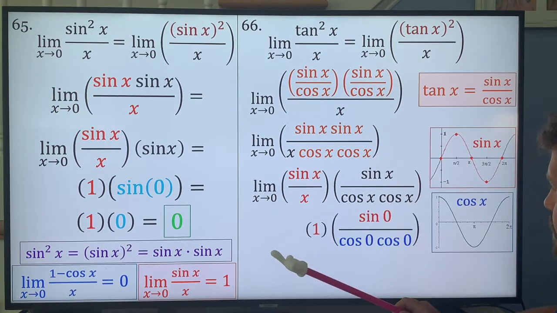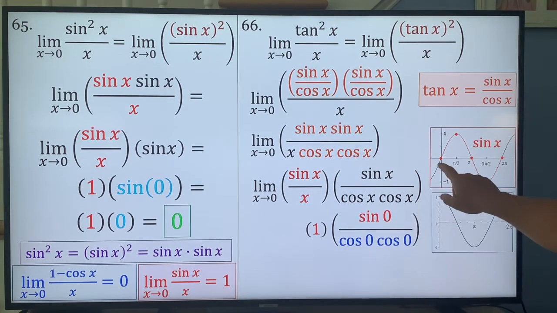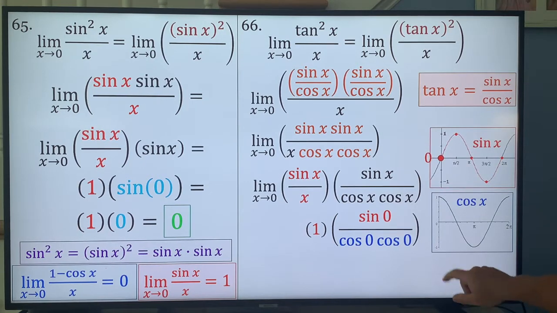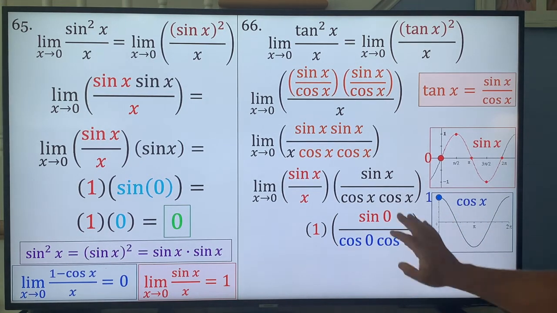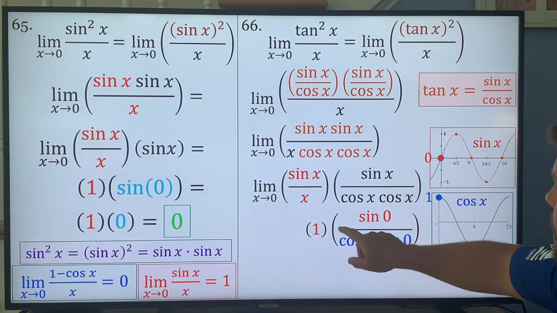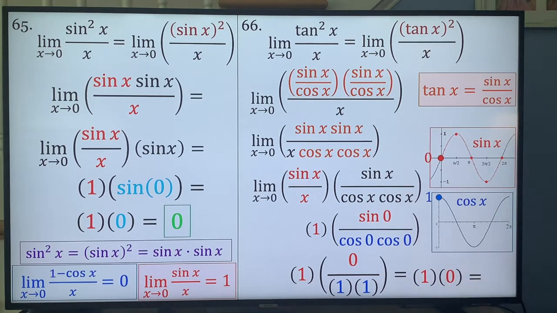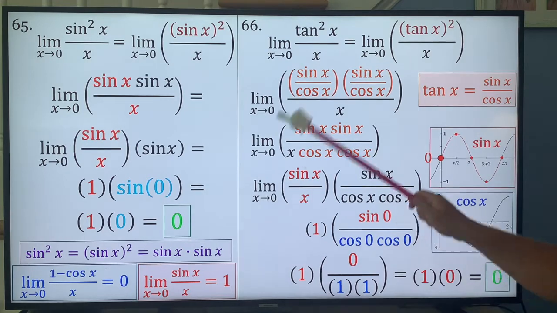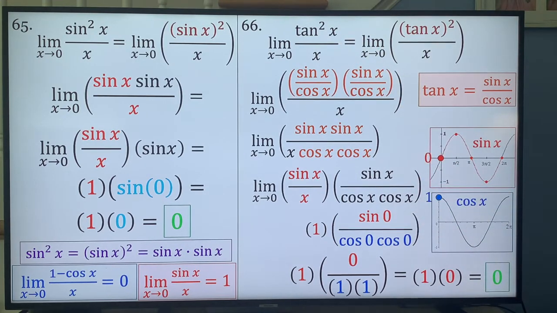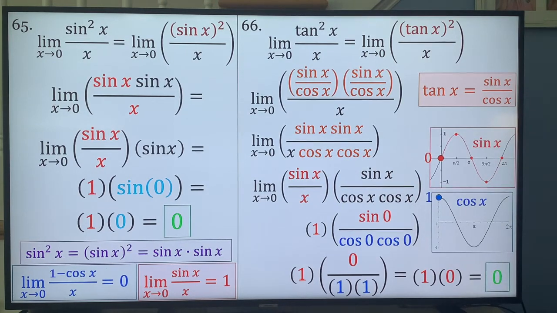This becomes 1. And now you get sine 0 over cosine 0, cosine 0. Sine 0, as we said before, is 0. Cosine 0, though, is 1, which is good. We can have zeros in numerators. We can't have zeros in denominators. So we got 1 times 0 over 1 times 1. 1 times 0 is 0. All of this just to get a 0. Is your answer 0 a lot? I wouldn't say a lot, but it is more than often.